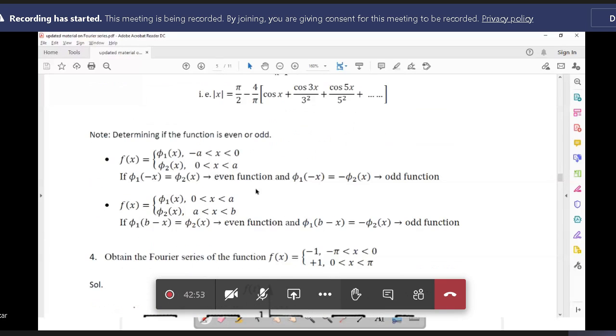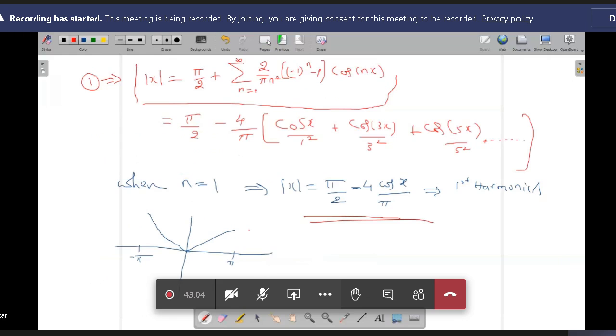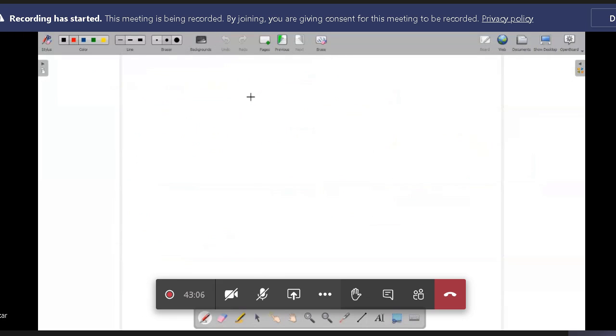Before going to take the example, I need to define even and odd functions for piecewise functions.